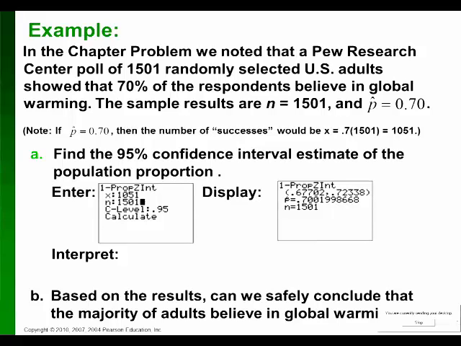But at NASA, you have to be very confident about the safe cargo load of a rocket. If I want to be 95% confident in my interval, then I type in for C level, confidence level, 0.95. And then just move the cursor down to calculate, hit enter, and this is what I get.